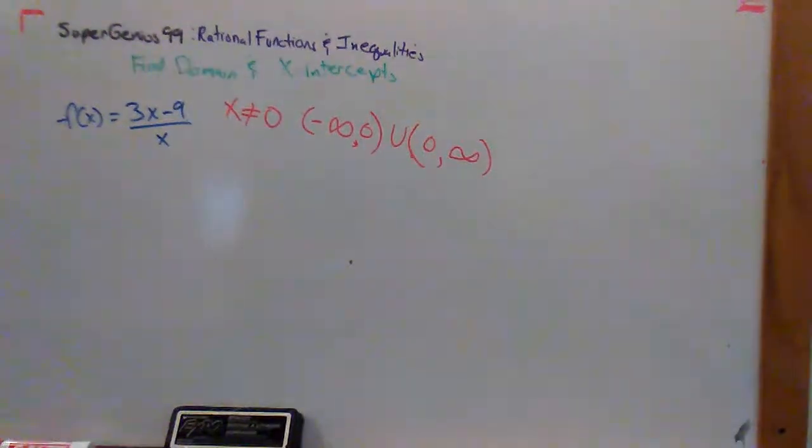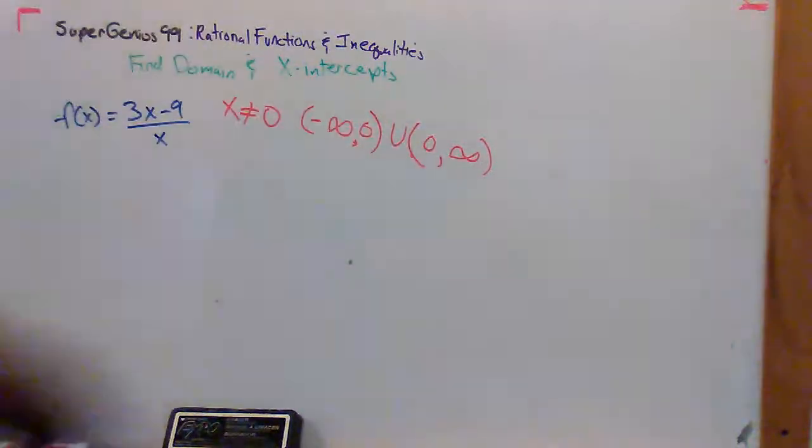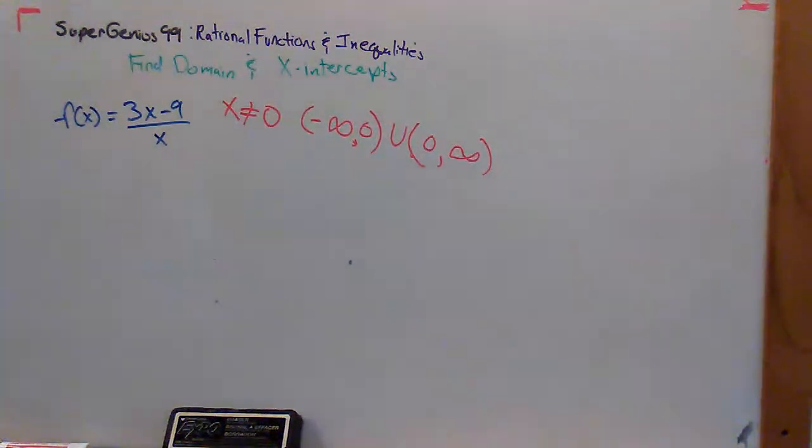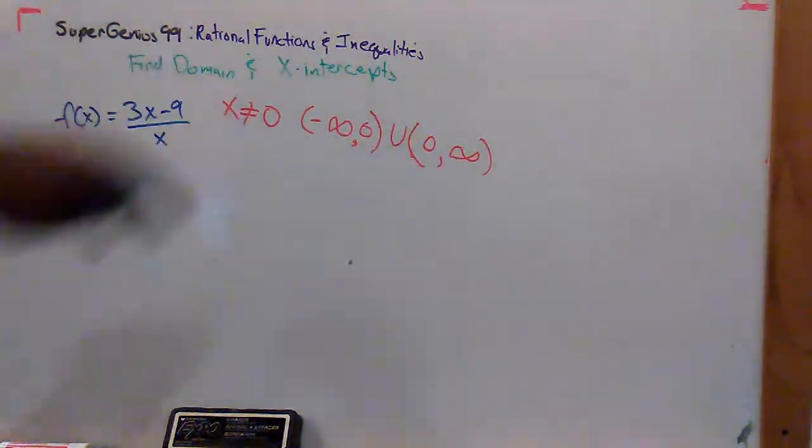Negative infinity to 0, union 0 to positive infinity. So that's another way of writing that. Okay, so that's our domain. Now, what's our x-intercepts?